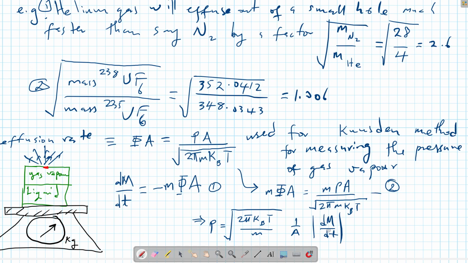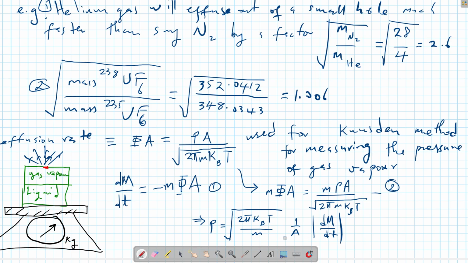And dm by dt, one can measure using this cartoon, one can measure in the laboratory somehow the rate of change of mass, right? And one knows the area of the little hole, right? One knows the mass of the gas vapor molecules, and also the temperature at which the experiment is being taken.